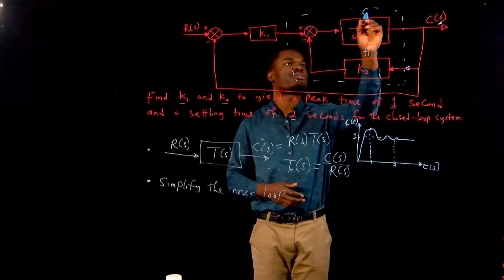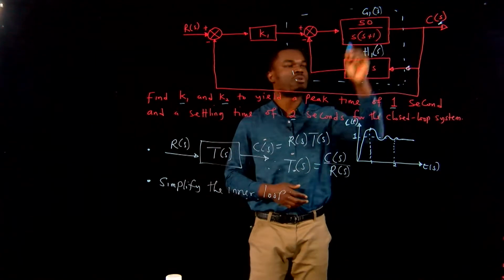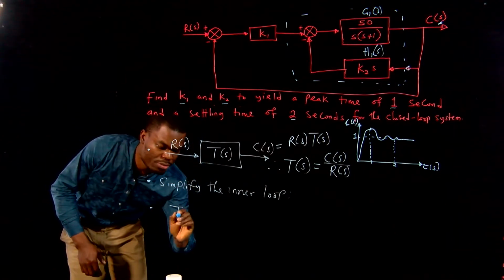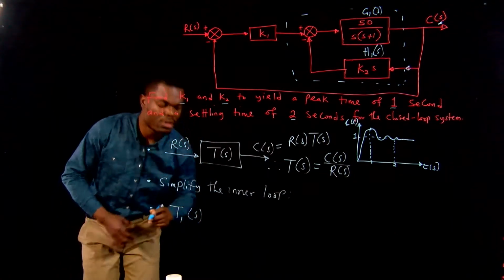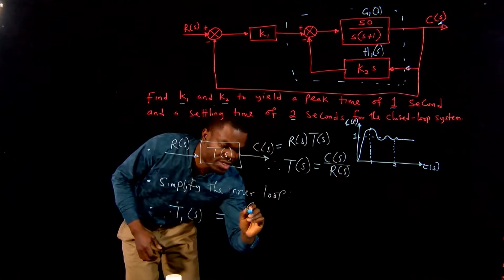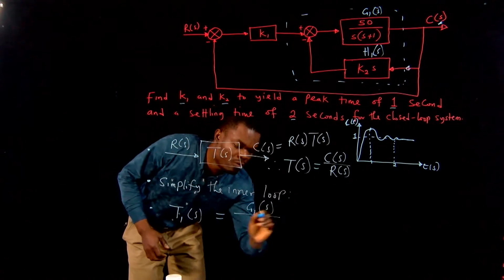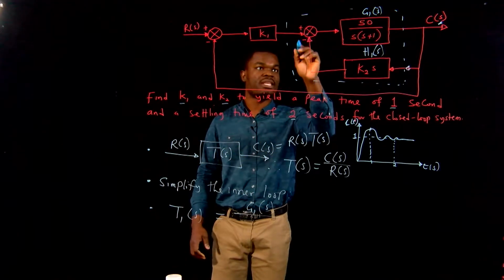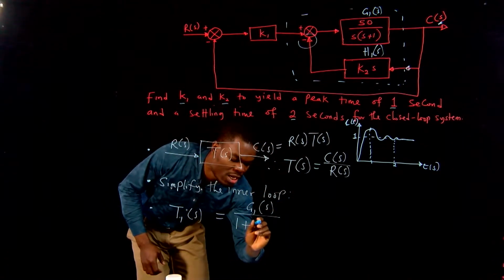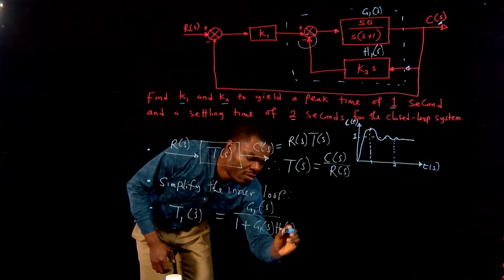Let's call this G1 of s. Of course, they are all in the s domain. So that means that the closed loop transfer function T1 of s in the s domain is going to be the forward path transfer function G1 of s all over, and we can see in this case that this is a negative feedback system, so that's 1 plus G1 of s multiplied by H1 of s.